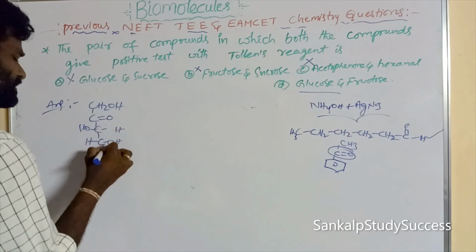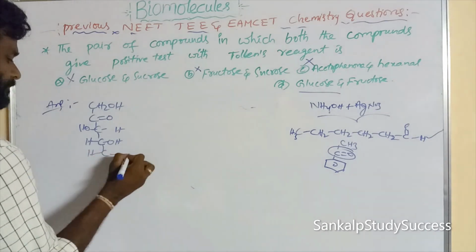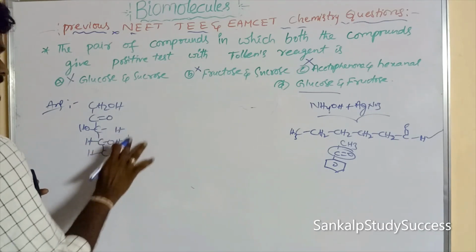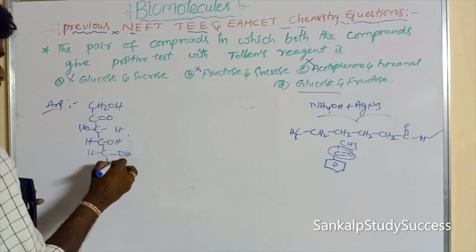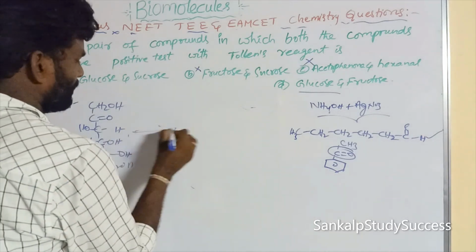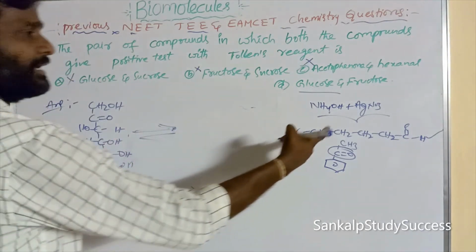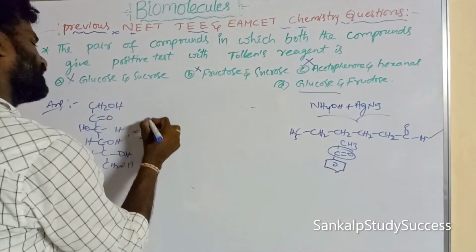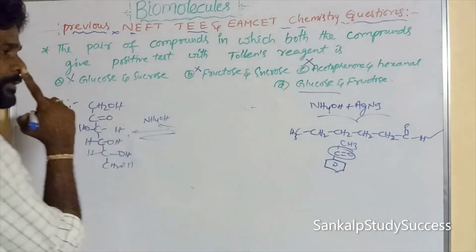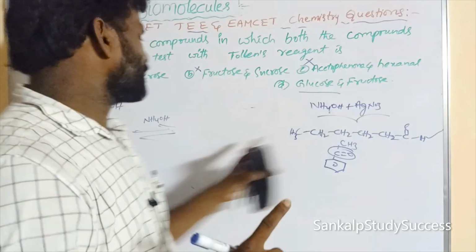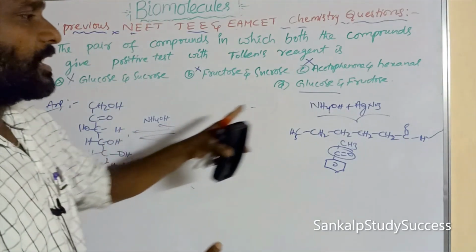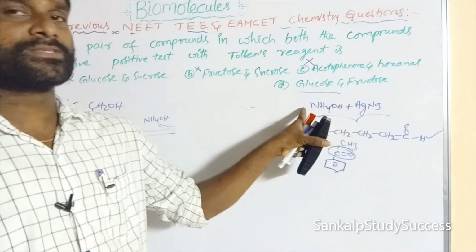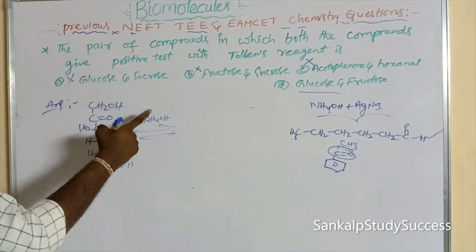Still, it gives the Tollens test because of the basic conditions of the reagent. The reagent contains a base, ammonium hydroxide, NH4OH.